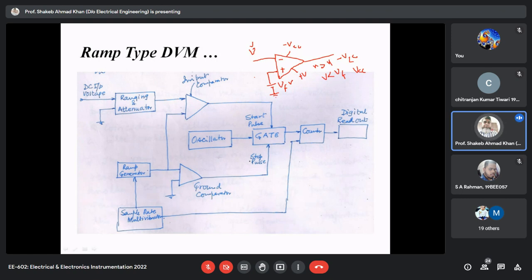Then there are many ways to use it, but in any case the output is binary. So you can treat this circuit as a single bit analog to digital converter.